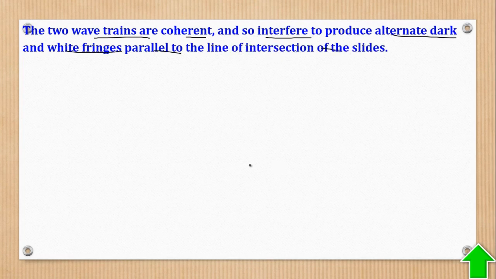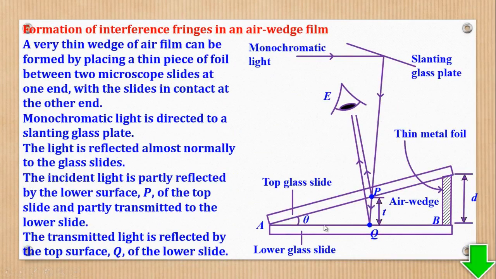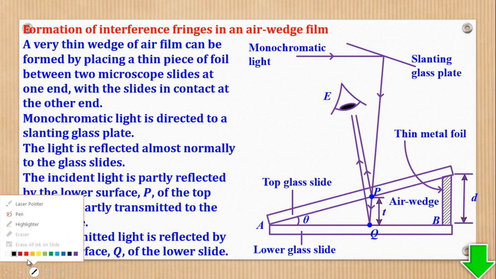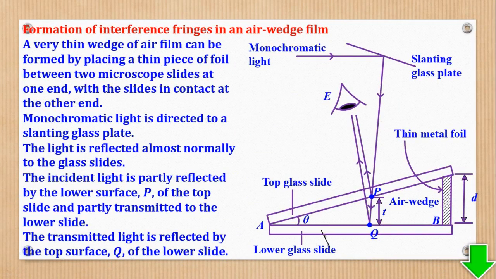So here we have drawn when you are viewing the slides from this side. But when you view it from this side, you will see something like this. So the interference will be parallel, the fringes will be parallel to that line of intersection.